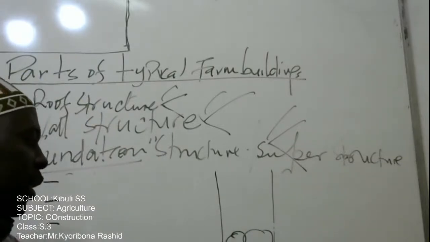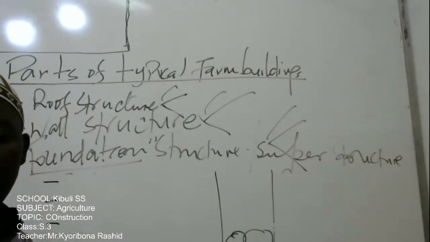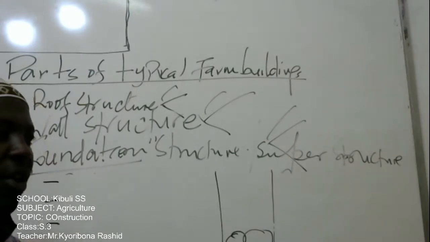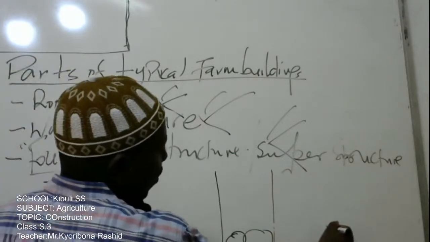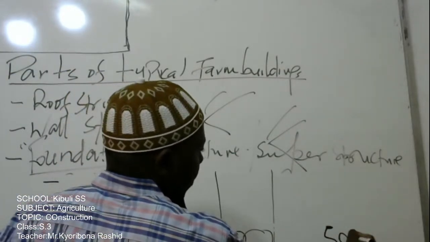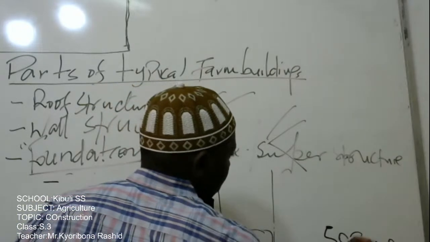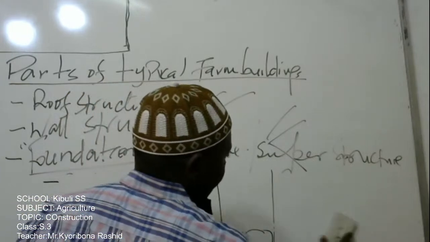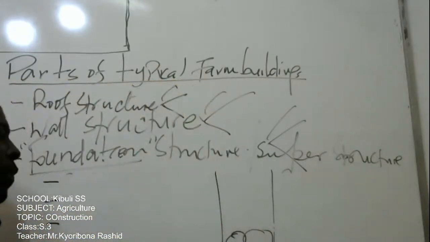And if it is just a normal farmhouse, then the depth can even be 50 centimeters, not deep, near the surface of the soil.